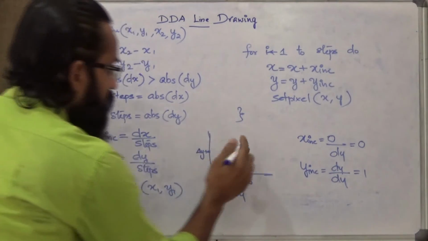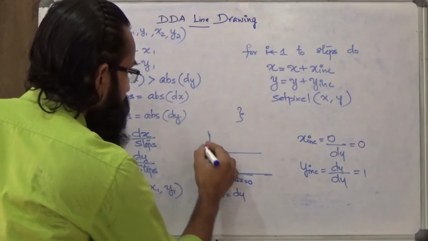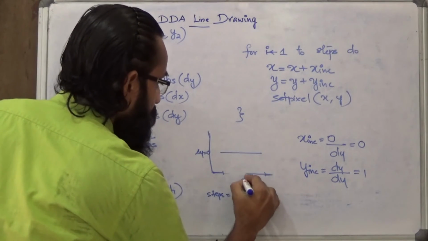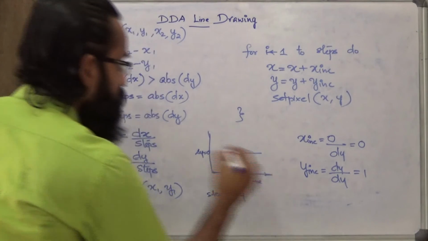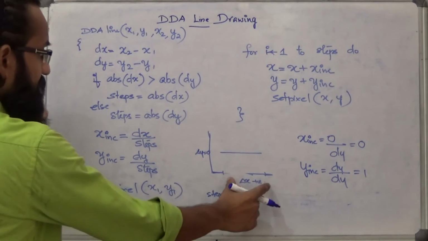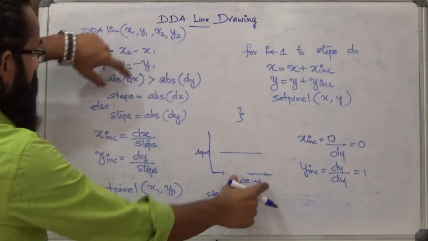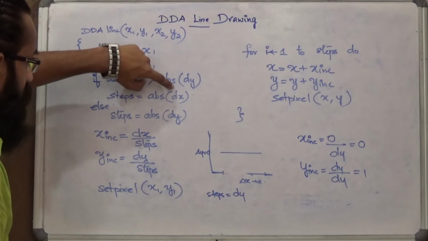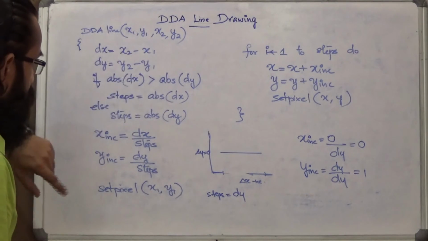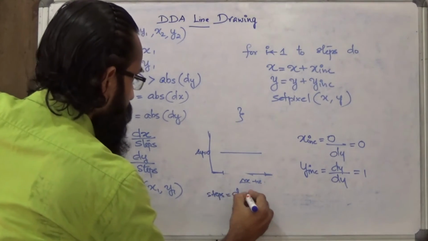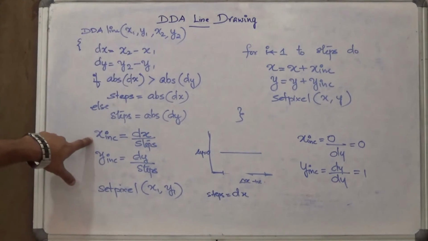Now what happens for a horizontal line? In this case, delta y will be equal to 0 and delta x, let it be a positive value. It will be greater than 0. So in this case, since delta x is greater than delta y, steps will be equal to absolute value of dx. So it will be getting that magnitude. What about x increment?